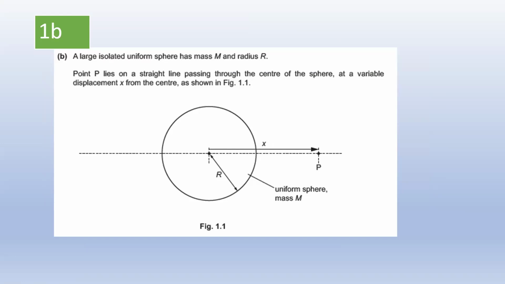A large isolated uniform sphere has a mass of m and radius r. Point P lies on a straight line passing through the center of the sphere at a variable displacement x from the center, as shown in figure 1.1.